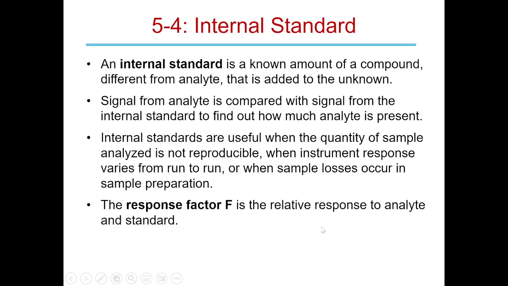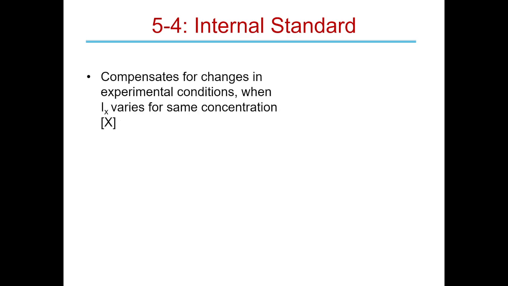So, the response factor. This is the relative response of the analyte and standard, and that's the response factor F. That will compensate for the changes in experimental conditions when the I of X, you guys know what the I of X represents? The intensity of your signal.